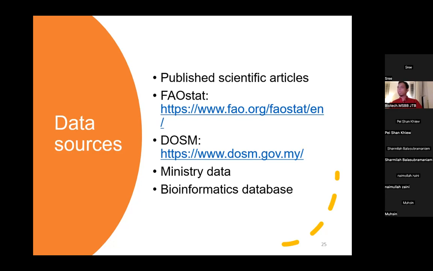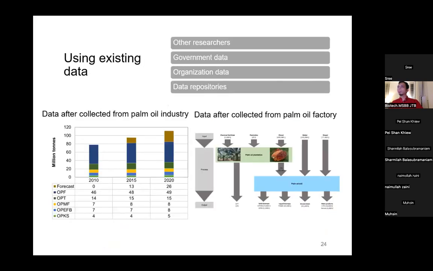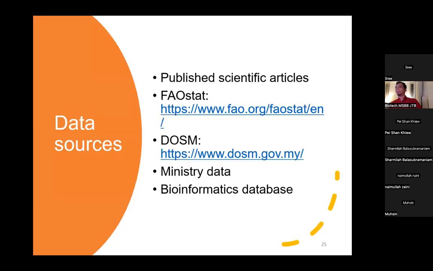That is considered secondary data because those were uploaded before. But don't forget, we can get it from organization data as well, for example the palm oil industry or pineapple industry. Those agencies are doing data collection, so we can get that data from them to do the analysis so that we can generate some results from it. Okay.